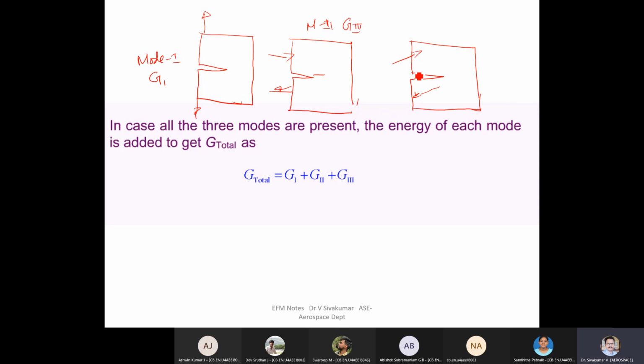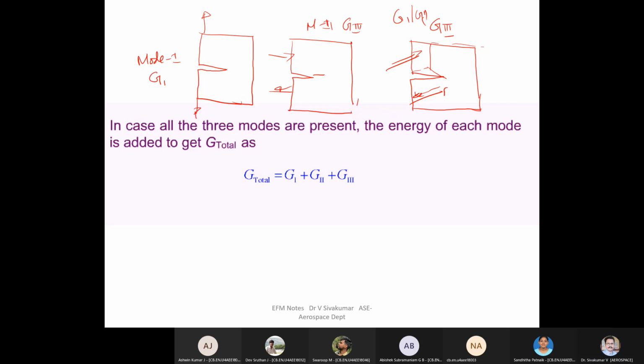The surface will tear, isn't it? So that particular tearing is completely G3. There won't be any mix up of G1 or G2, because the way the forces are applied, it will produce only the energy with respect to the third mode.